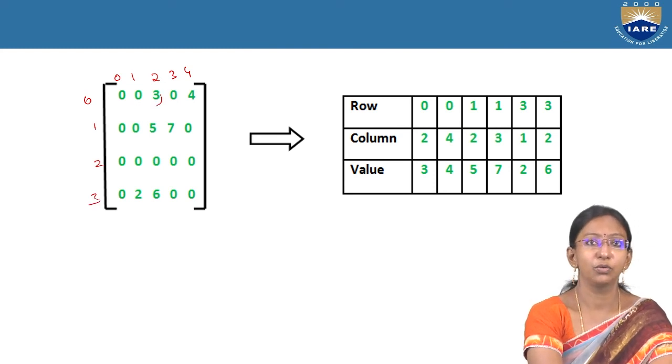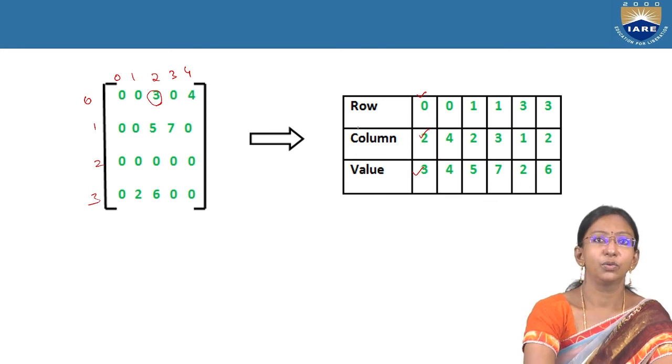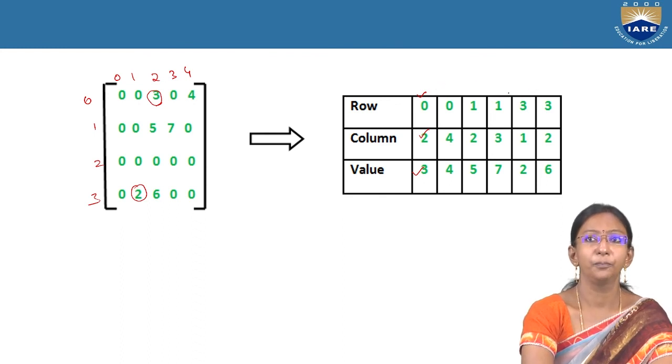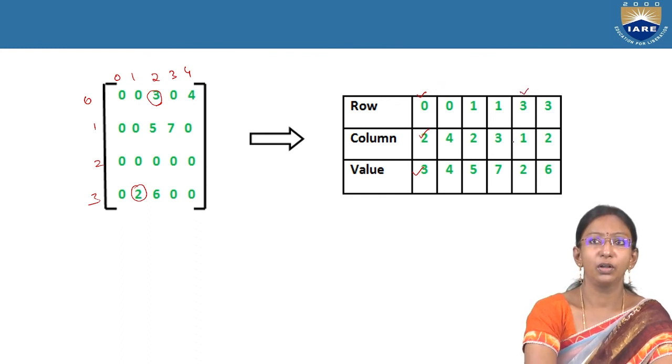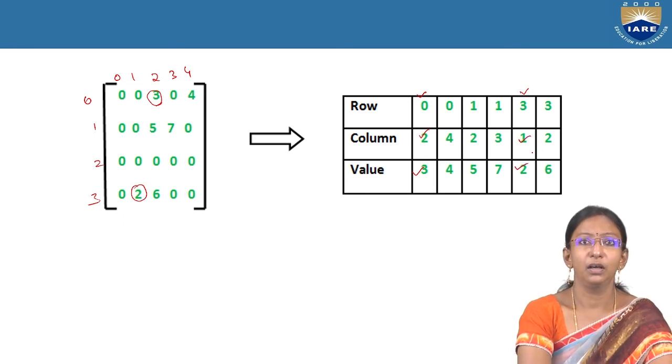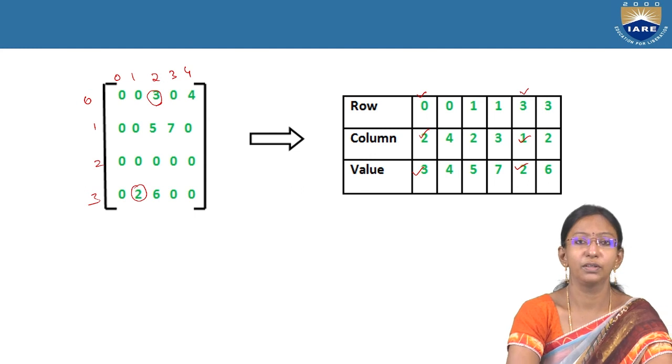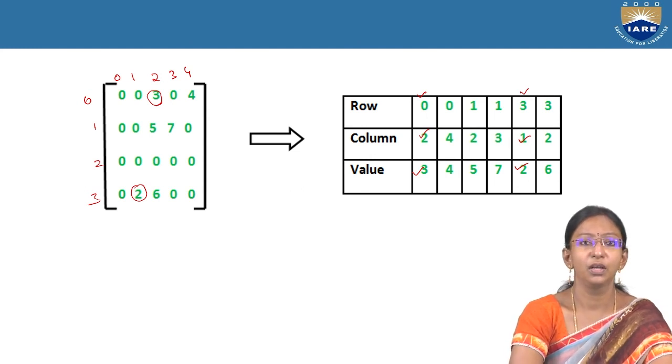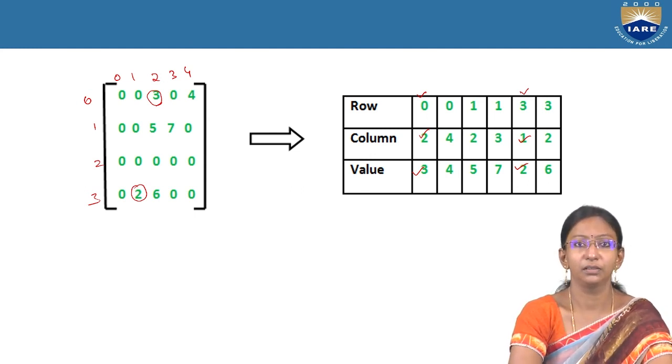So the data is over here. So its row is 0, its column is 2, and its data is 3, right? So if you consider, say, some random value 2, its row is 3, column is 1, and data is 2. So see how many spaces you have used over there and how many spaces you have used when you are working with 2D arrays, right?